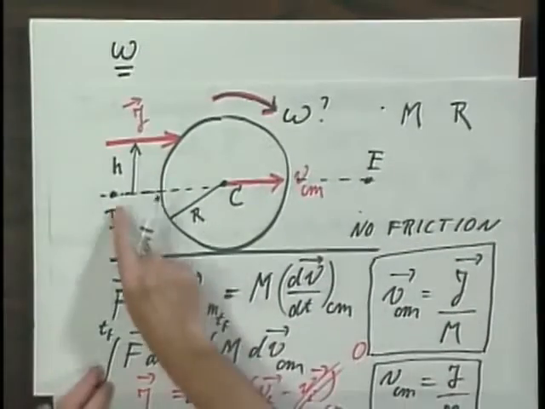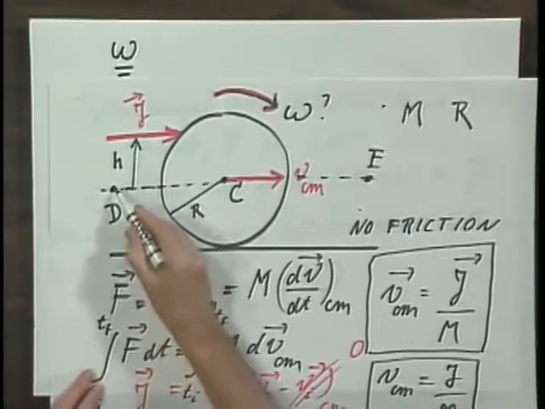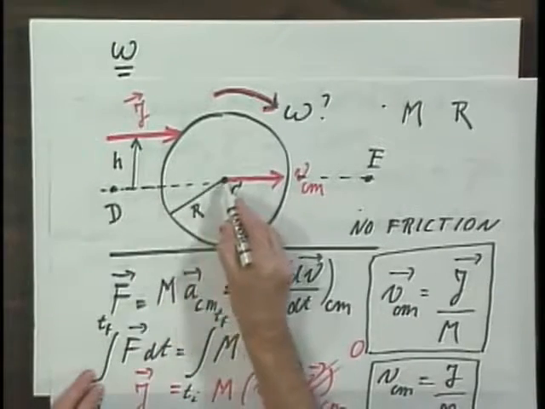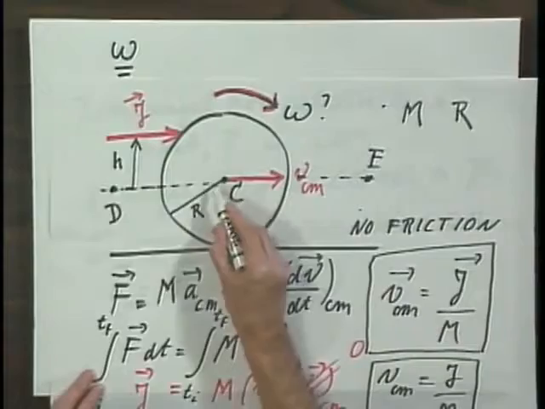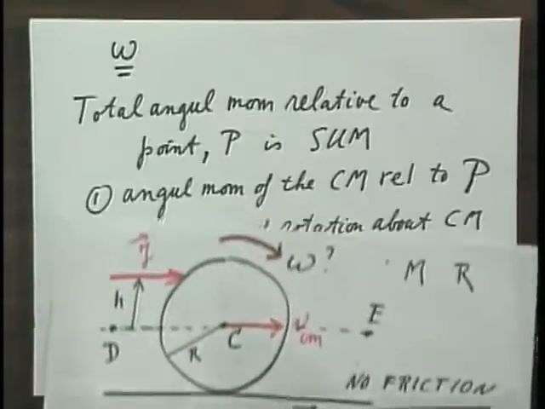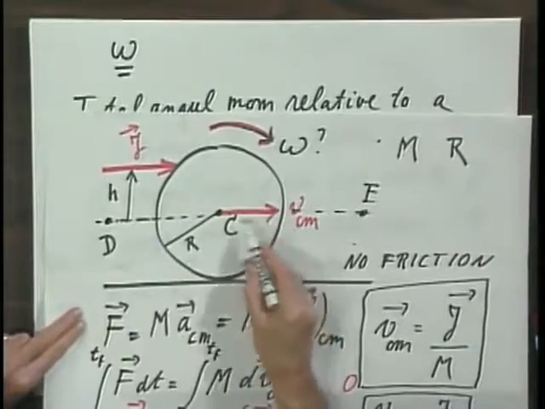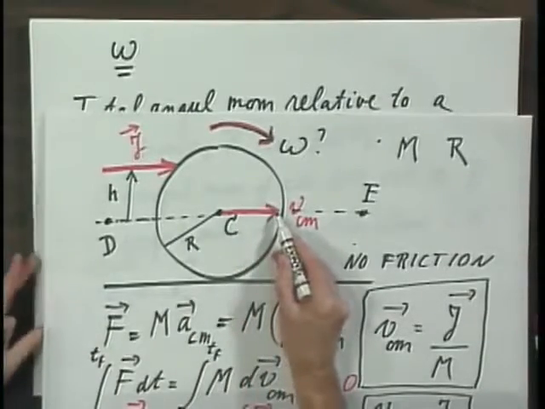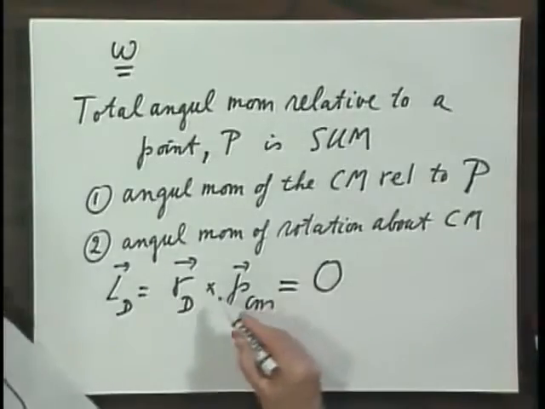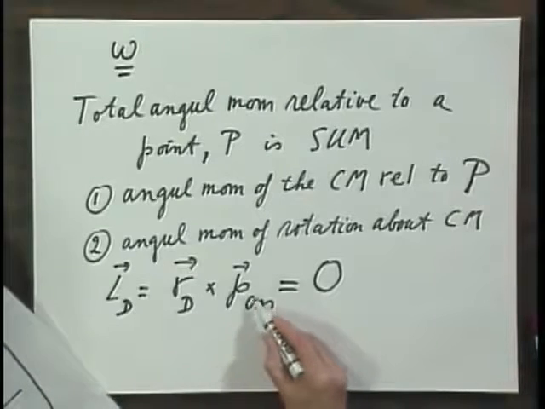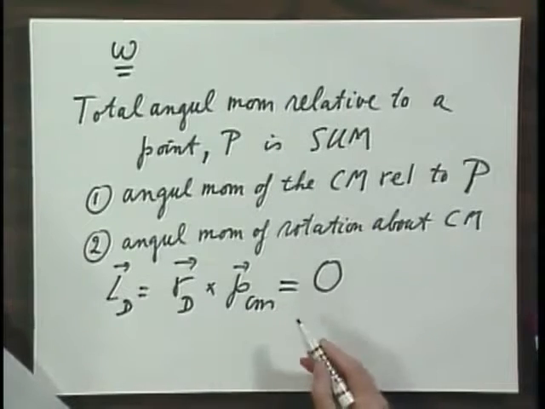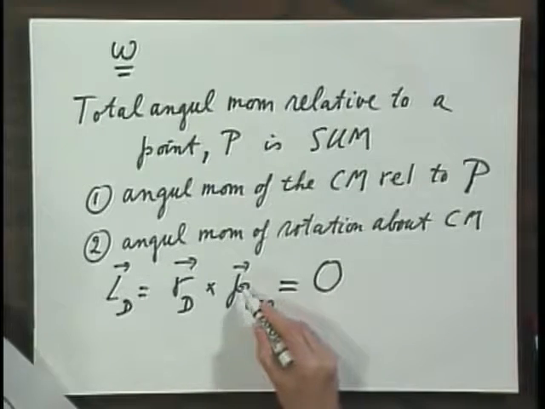If you choose point D, the position vector goes from D to the center of mass. That would be R of D. That is this R of D. That is, the angle that it makes with V center of mass is 0. So this cross product equals 0, because R of D and the velocity of the center of mass are in the same direction. This is M, capital M, times V center of mass.